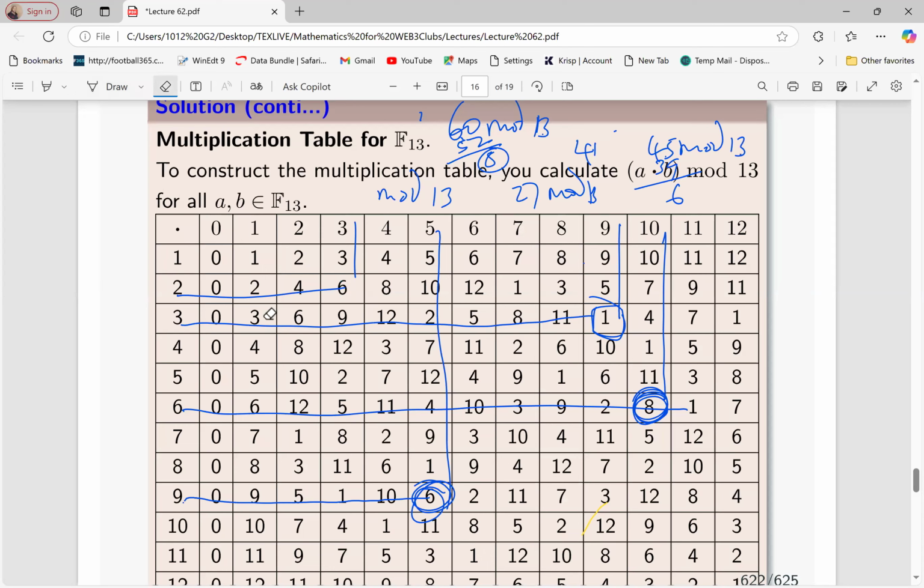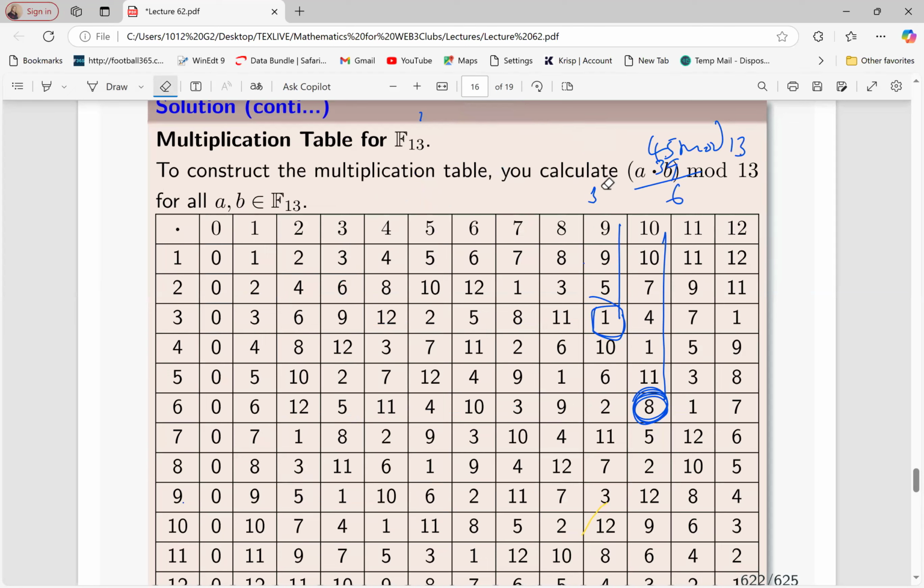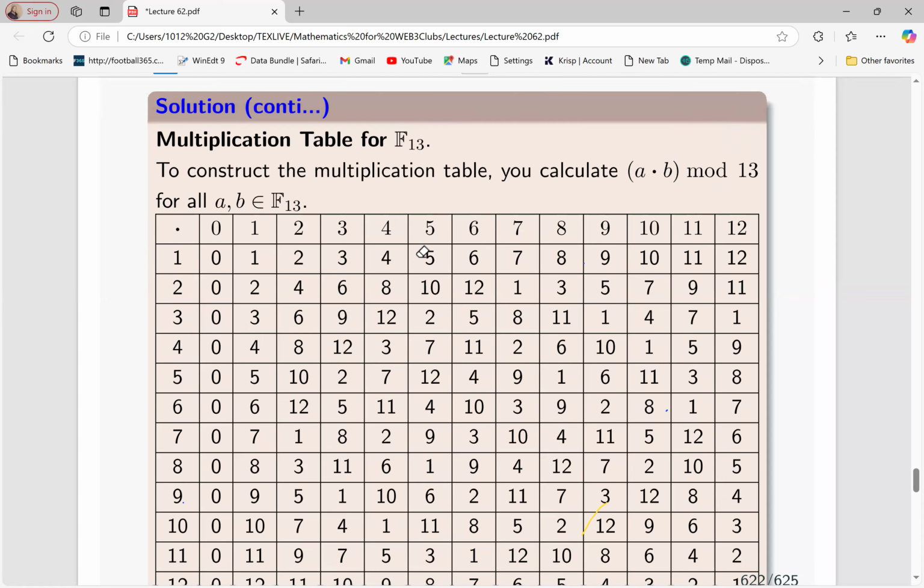So again, the multiplication table is not difficult here. The only thing we note is that while multiplying, we must remember that 0 is still there. Don't remove it, because it must be a group under addition. At the same time, it must be a field. It must fulfill both additive and multiplicative properties.